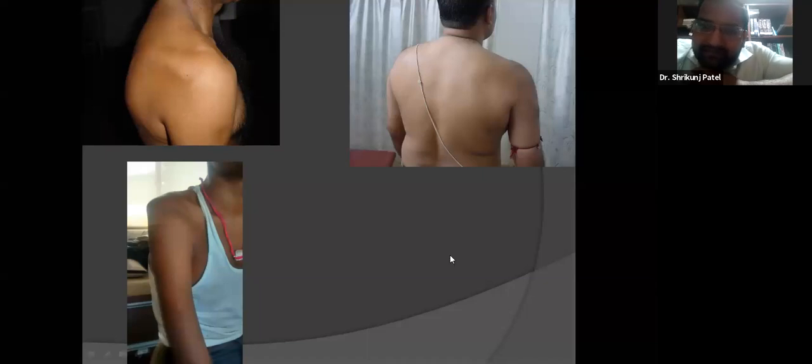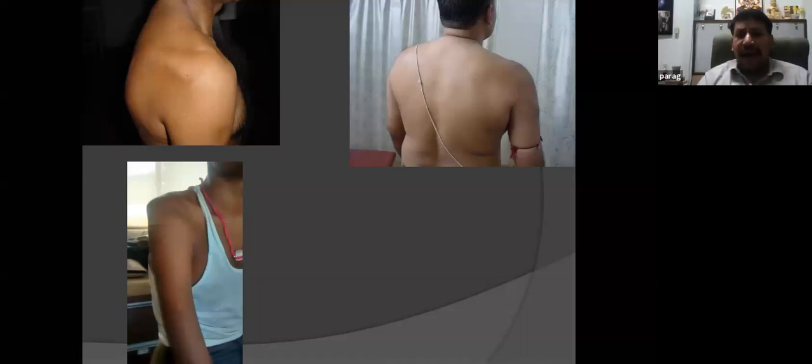Sir, someone has written, sir, please explain bilateral scapular winging again. Basically, bilateral winging suggests that there is bilateral involvement, and there is some sort of instability where the scapula is not stabilized. Now, there are very few scapular muscles which will actually stabilize your scapula and the shoulders, the prime being your serratus anterior and your trapezius.